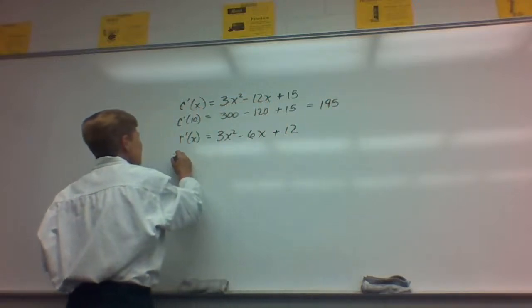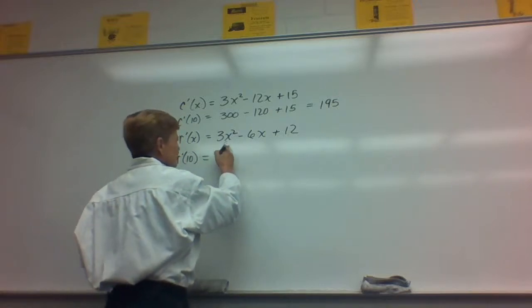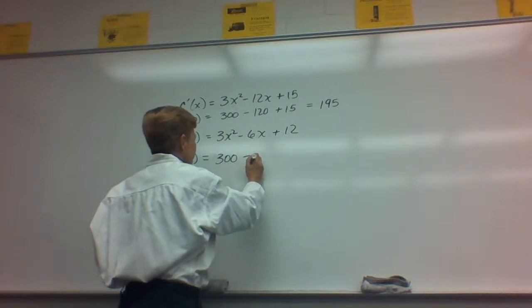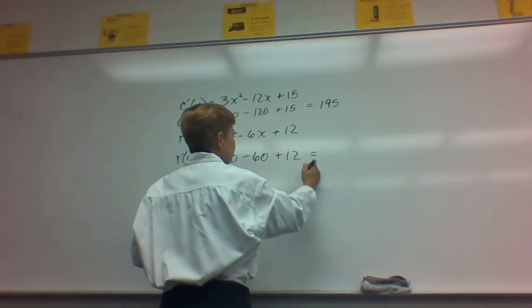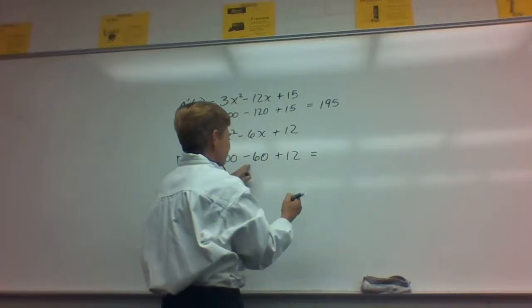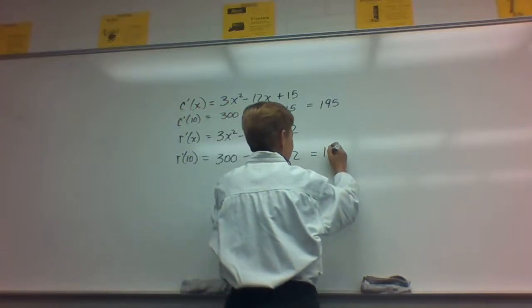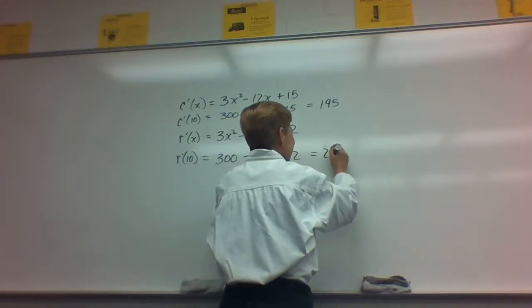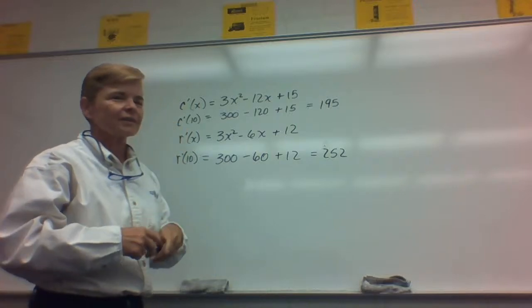What is the marginal revenue when we sell 10 of them? 300 minus 60 plus 12. What is that? 252. This is why I don't check on my calculator.